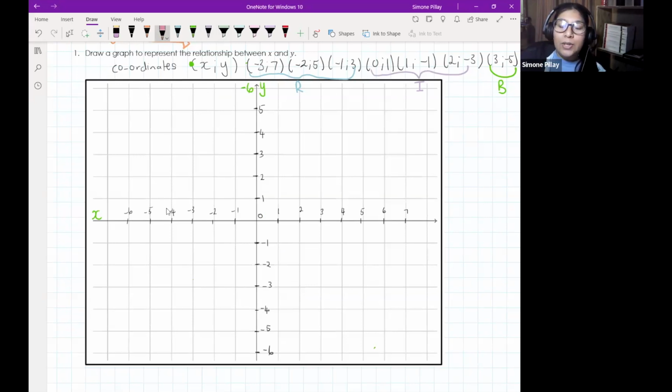So what we had to do was, remember our coordinates are in the form of X and Y. So if I take a random point and show you what we just did to draw these points, I first needed to go to -2 on my X axis. Remember, this is my X axis. So I go to -2, which is over here.